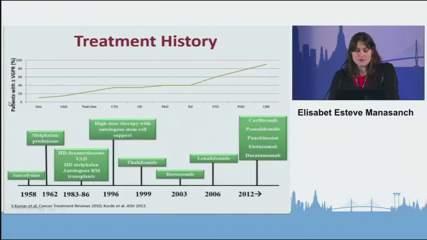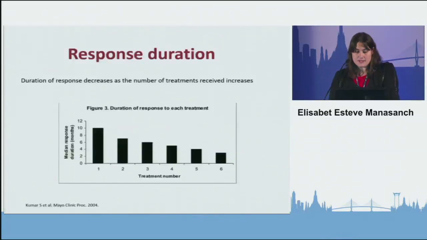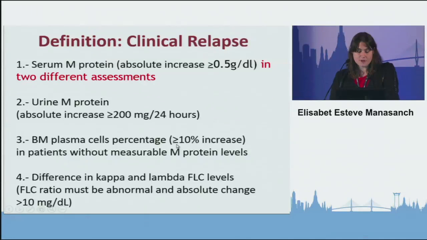You can see also here the rates of very good partial response throughout the different treatments as they have been reported in clinical trials. As I mentioned, the duration of the response decreases as the number of treatments received increases, which is also linked to poor prognosis. So how do we define clinical relapse?